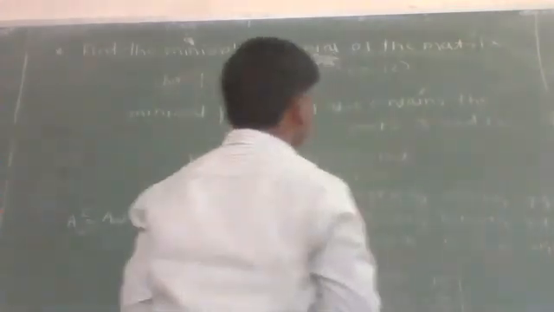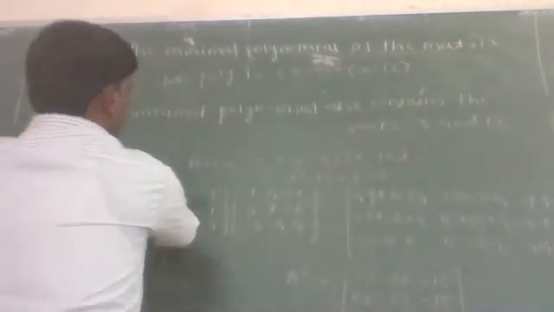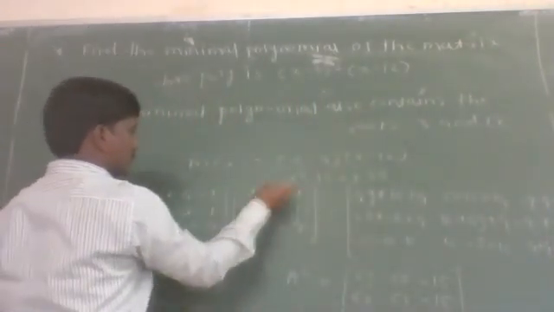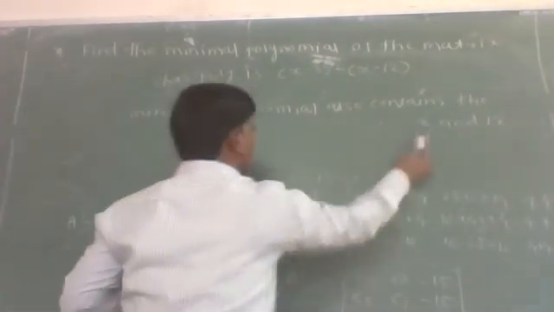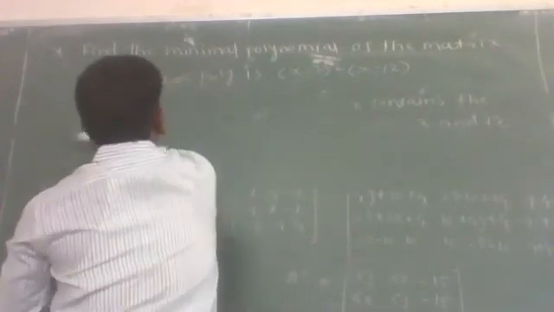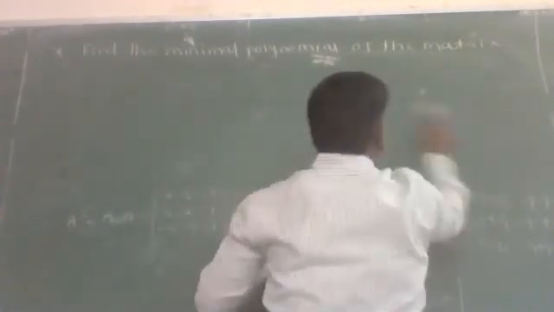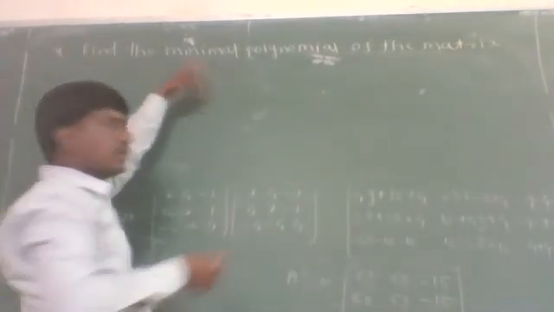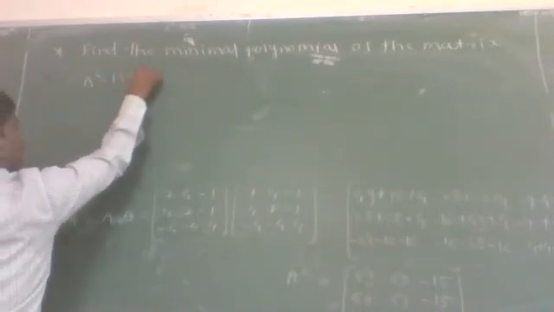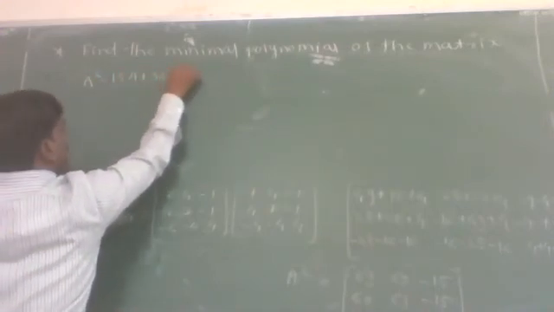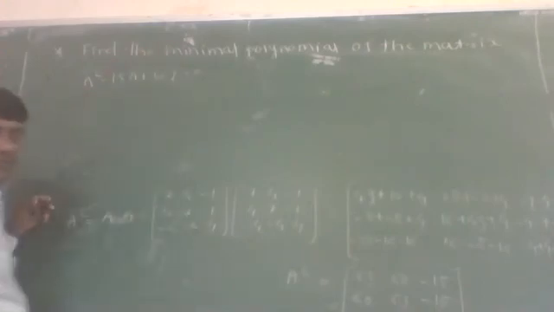Now we have to put these values in, that is, we have to find out whether the given polynomial annihilates the matrix A. So we get A square minus 15A plus 36I equal to 0, which we have to show.